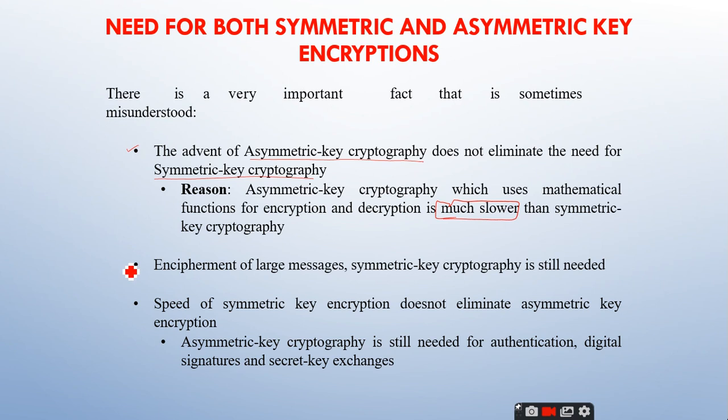If you see here, the encipherment of large messages requires symmetric key cryptography. And what are we going to use asymmetric key cryptography for? We are going to use this crypto system only for encryption and decryption of small messages, small pieces of information. Clear? Like the cipher key that we use in the symmetric key cryptography.